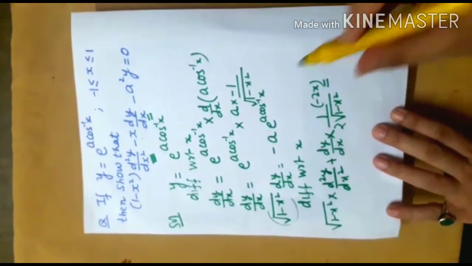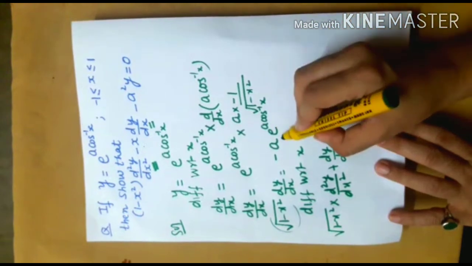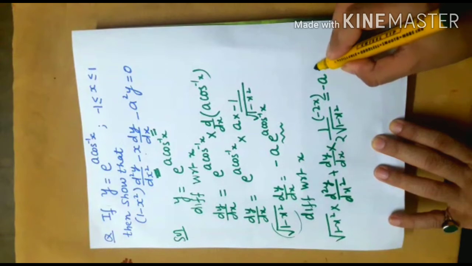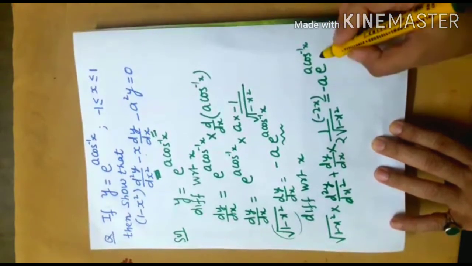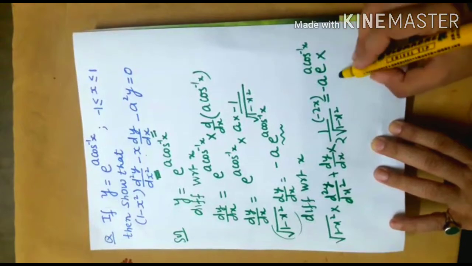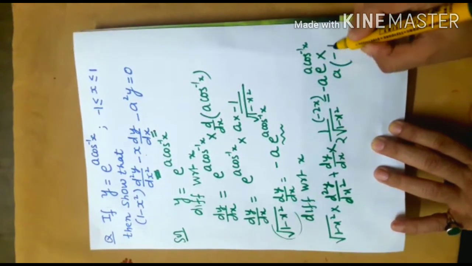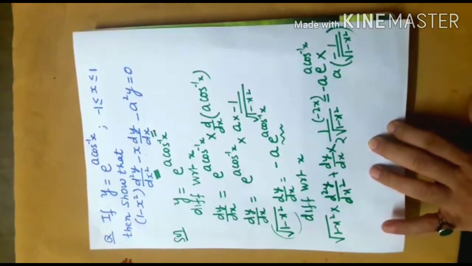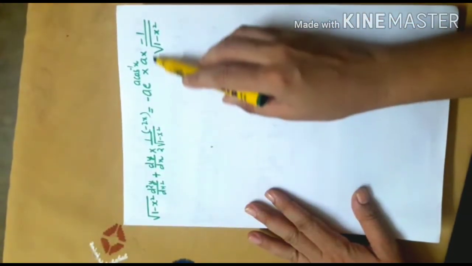It is equal to, yes, minus a is constant. I have to compute its derivative. So it will be e raised to the power a cos inverse x into a into minus 1 over root 1 minus x square. So I have obtained this.